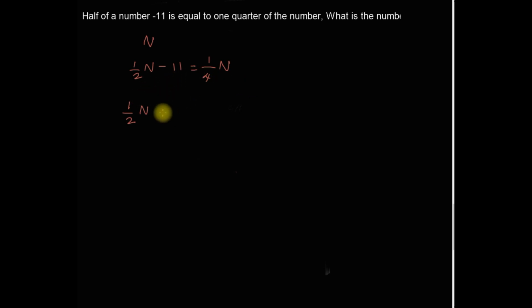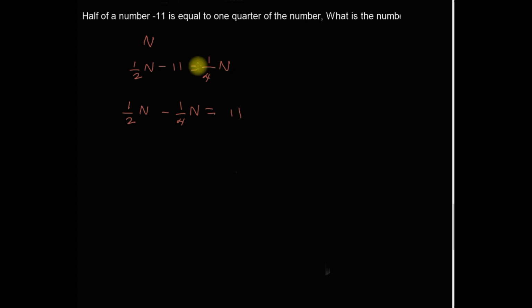The sign changes, becomes minus 1/4 of n. And this will be equal to minus 11, which comes from the left hand side. I take it to the right hand side, and it becomes plus 11, but as a standard rule, we don't put the plus when a number is positive.